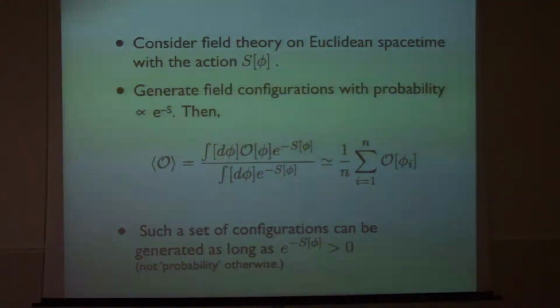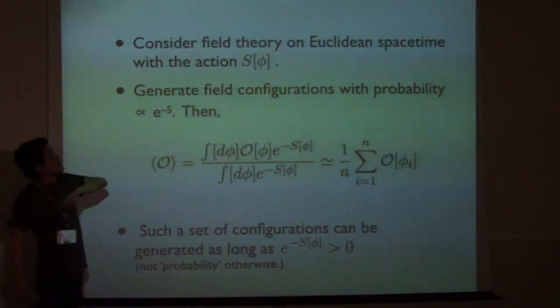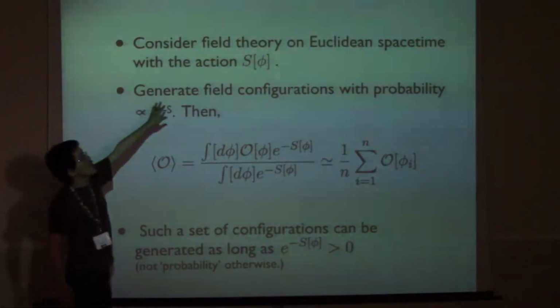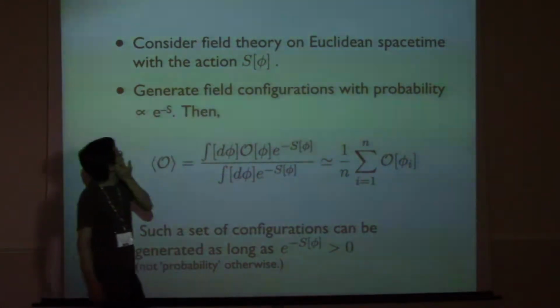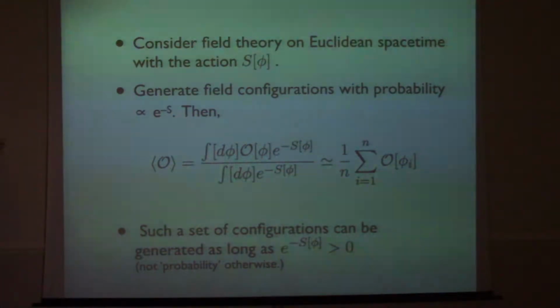So this is the kind of calculation we want to do. Consider field theory on Euclidean spacetime. The reason why we consider Euclidean rather than Minkowski will become clear later. Imagine we have an action S of phi, and phi is just a scalar field or something.